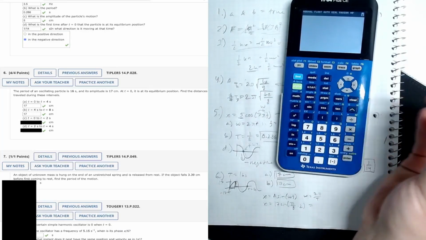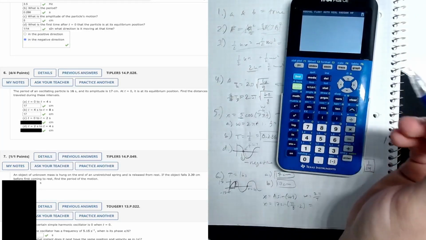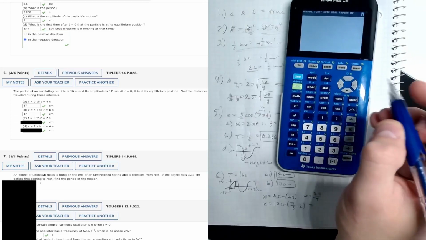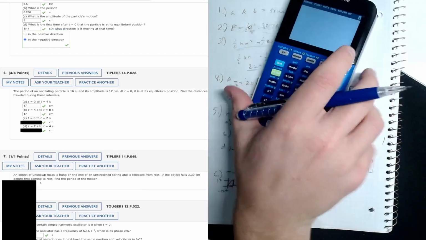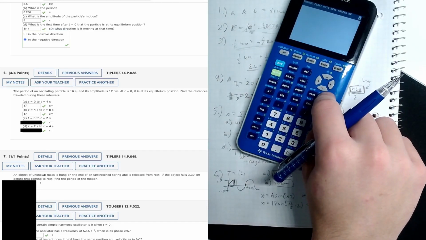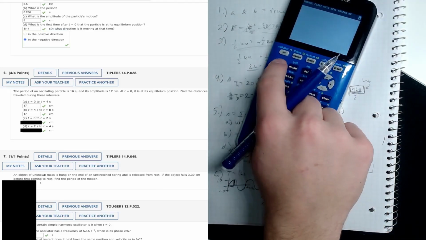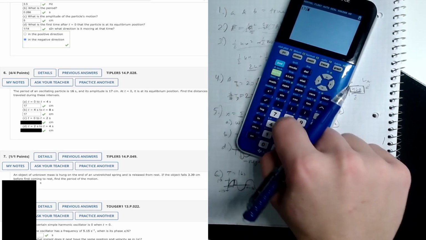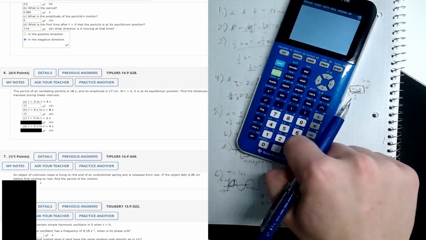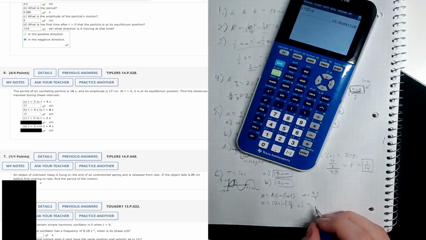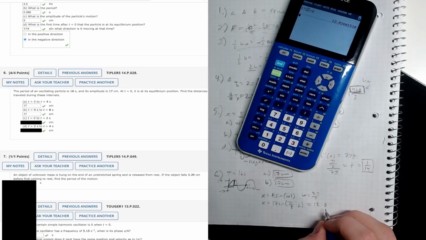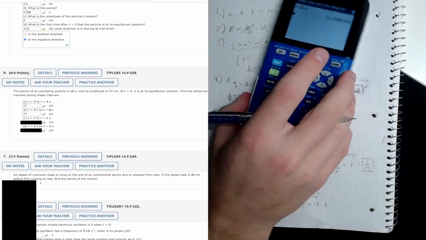What's sine pi over 4? Sine pi over 4 is root 2 over 2. So 17 root 2 over 2, 17 root 2 divided by 2. Yeah, and that's going to be, guys, 12.0 rounded there.